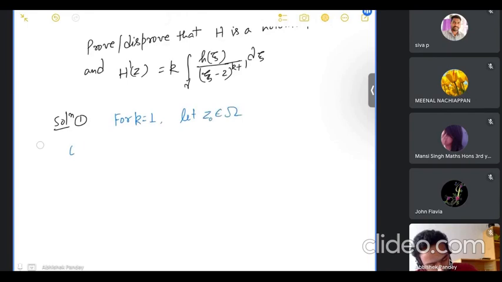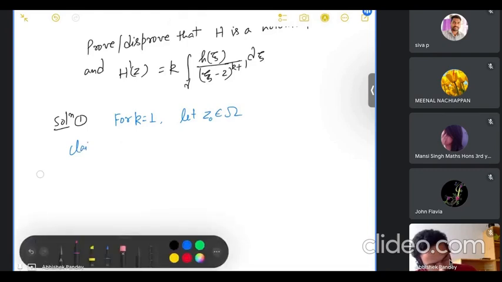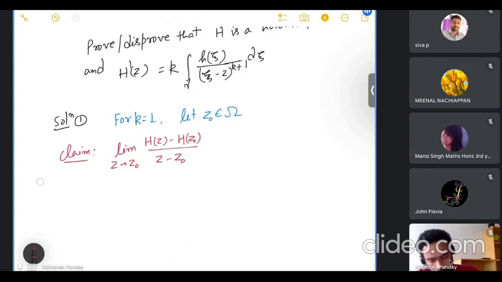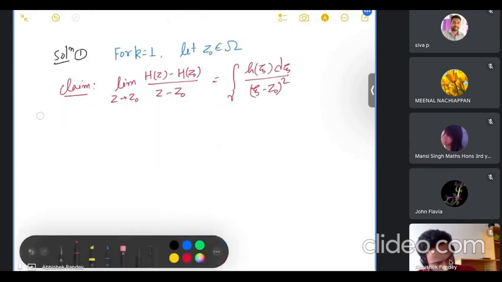So our claim is that the limit as z tends to z naught of H of z minus H of z naught upon z minus z naught exists, which is equal to the integral of h of xi d xi upon (xi minus z naught) squared.